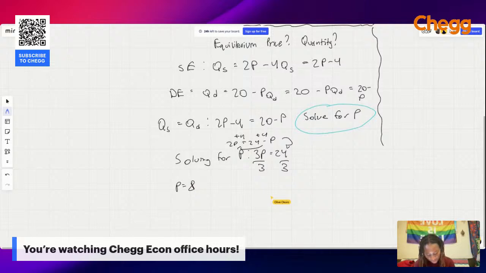So let's put this as a blue, because I like blue. So the quantity demanded was 20 minus P, and we're just going to replace that over here. So the quantity is going to be 12. Now that we know what P is and we know what Q is, we can solve for quantity supplied and quantity demanded.